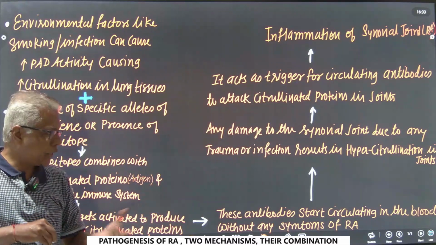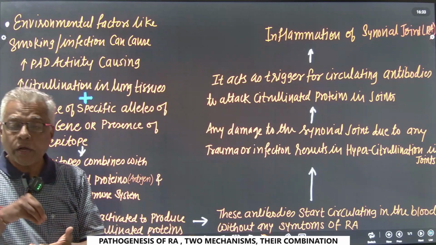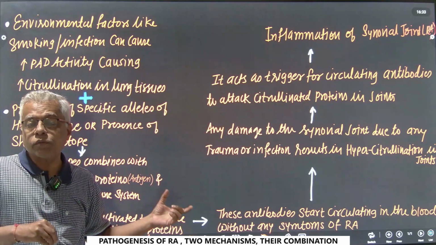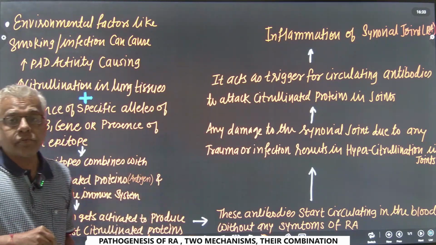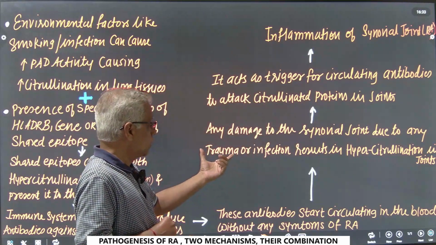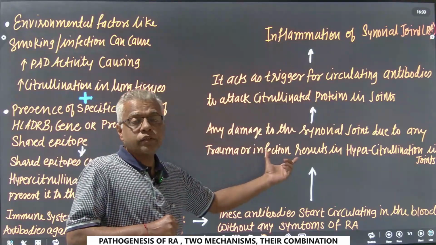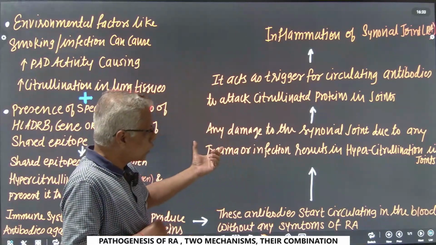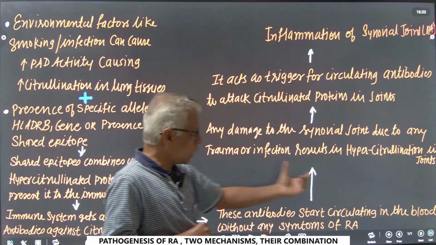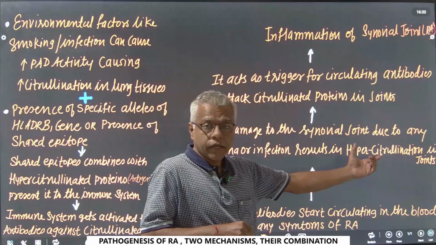So these circulating antibodies in the blood are supposed to attack the joint, but they cannot attack without hypercitrullination. So which factors are responsible for the hypercitrullination? See here, there could be a trauma in the joint, or there could be an infection in the joint, that will cause hypercitrullination in the joint. And once this hypercitrullination is there, these antibodies can attack the joint.